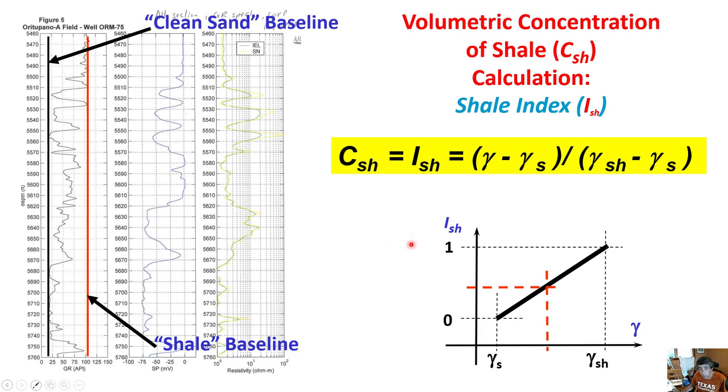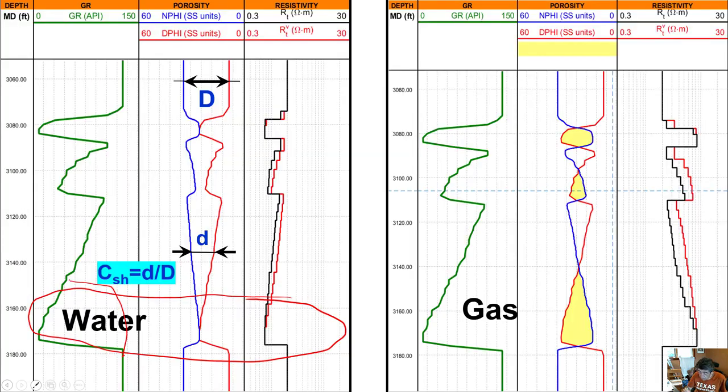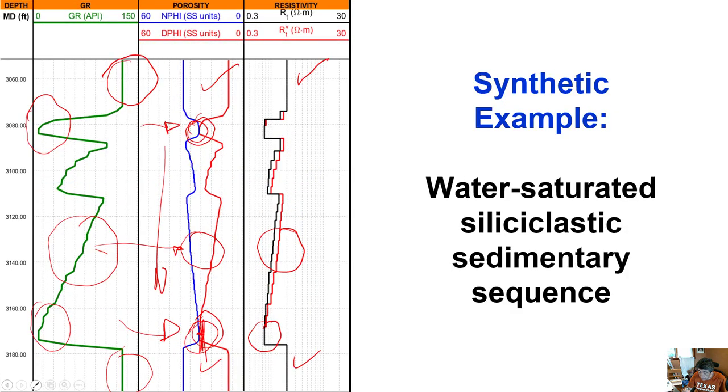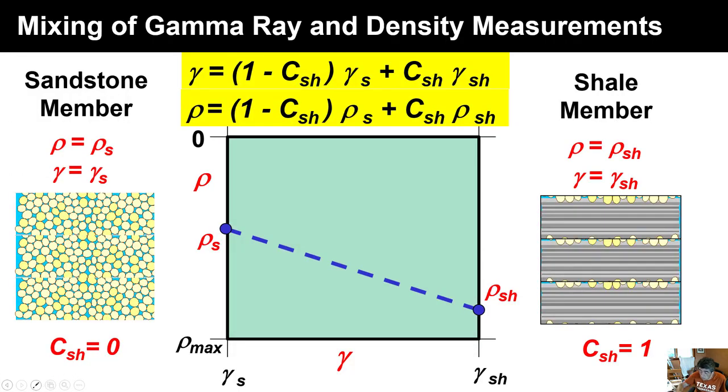If you go back to the mixing law that we had before, let me go back a little bit in the slides, this mixing law here for the gamma ray log, it says: you tell me what the gamma ray log is in a pure shale, you tell me what the gamma ray log is in the clean sandstone, and I can tell you how to calculate CSH if you give me the gamma ray log.